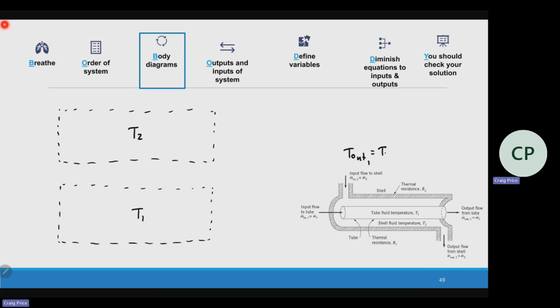Just as a reminder, the flow rates are all equal throughout the two. The temperature outputs on it.